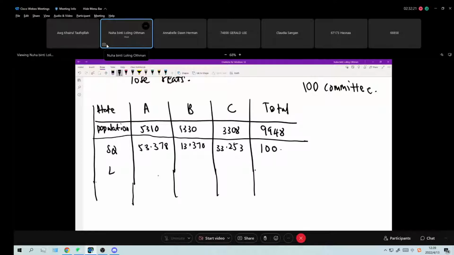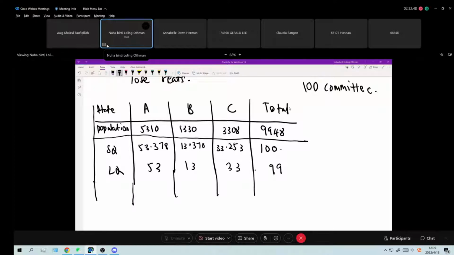Okay, and this is the lower quota. So this is the original one. You want to know the final allocation, or the apportionment: how many committee members will represent each district. This one gets 53, 13, and 33, which is 99.